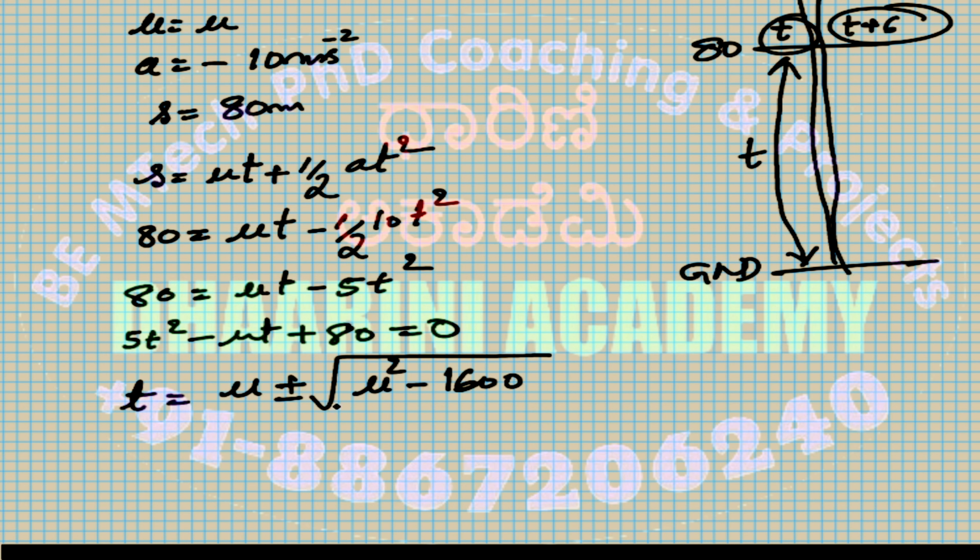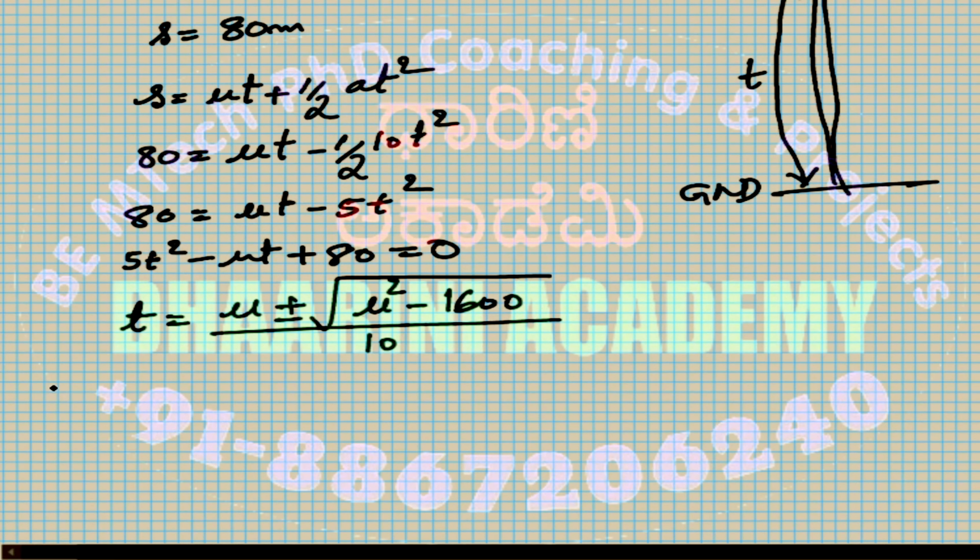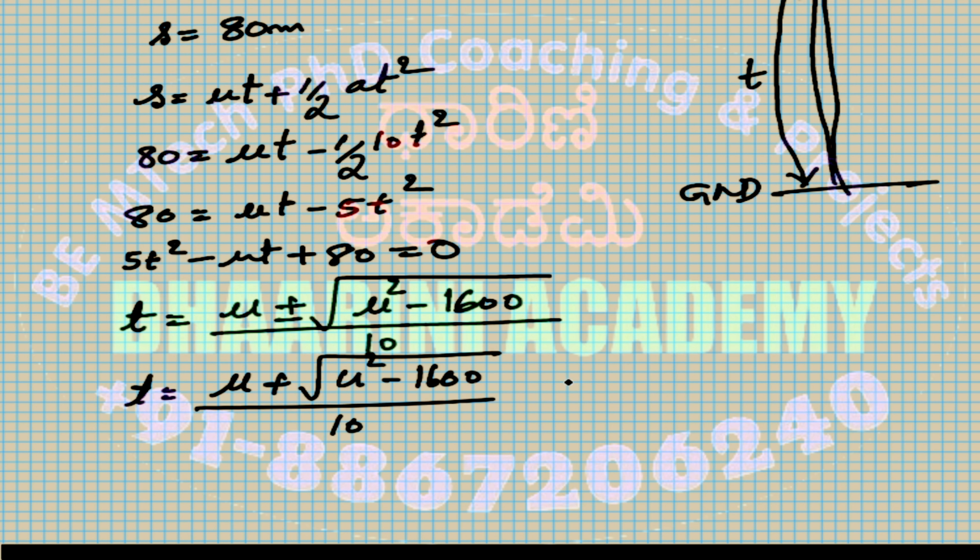Okay, whole divided by 2 into 5, that is equal to 10. Okay, this is the case. Now we actually have two answers, right? I will write the t separately. So actually t is equal to either u plus root of u square minus 1600 divided by 10, or the other one is u minus root of u square minus 1600 divided by 10.